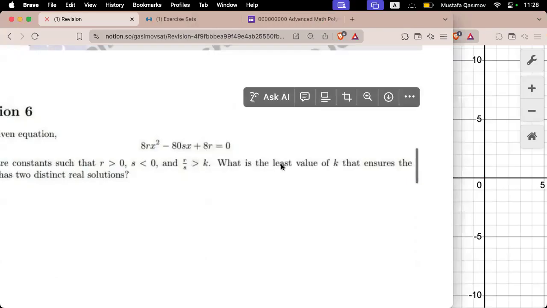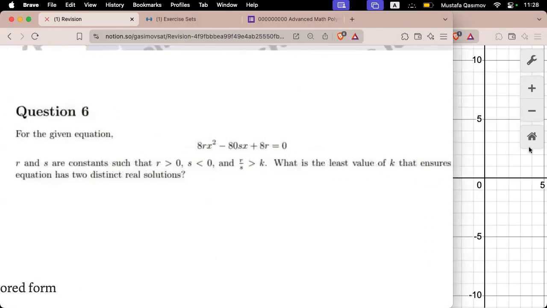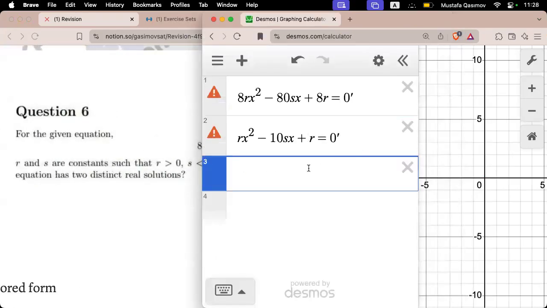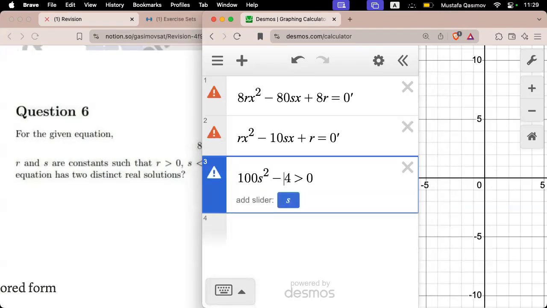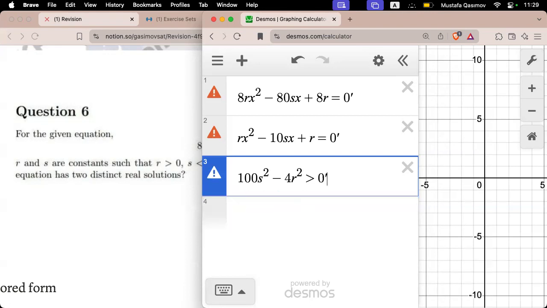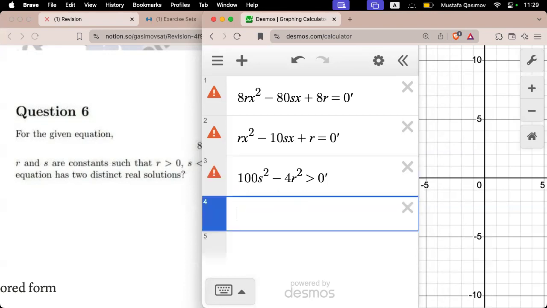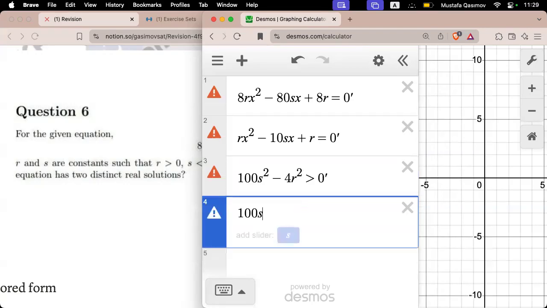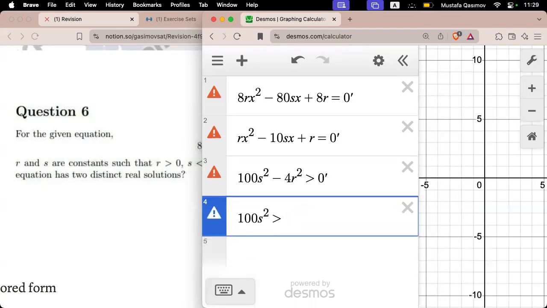Then, we have two real solutions, so the discriminant is greater than 0. The discriminant is negative 10 squared, which is 100, minus 4 times 100 s squared minus 4r squared. Okay, then we can write it like this: 100 s squared minus 4r squared.